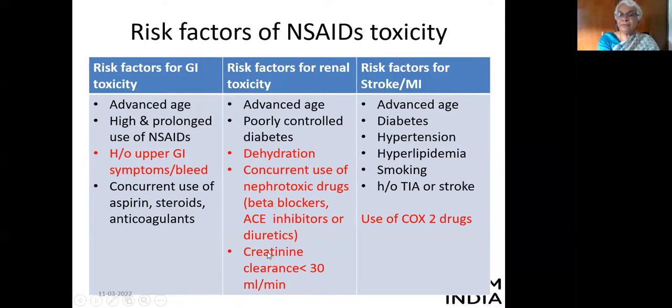And also, we have to be very careful when the creatinine clearance is low. But when there are risk factors for stroke and MI, like advanced age, diabetes, hypertension, hyperlipidemia, smoking, or history of previous cerebrovascular accidents, then you must avoid the COX-2 inhibitor.